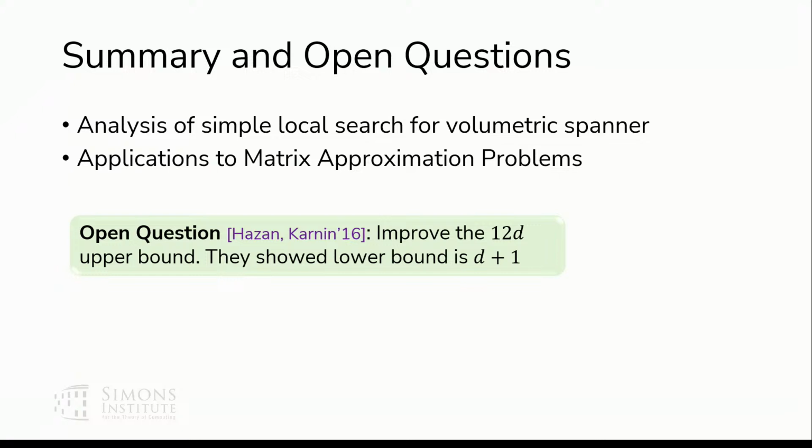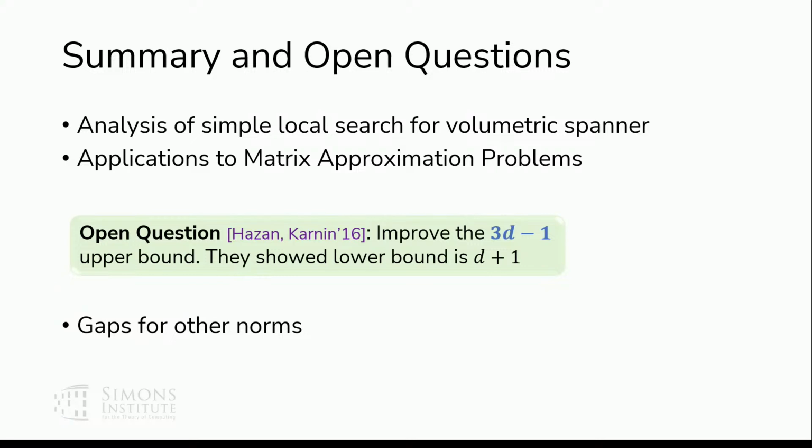And that was the open question raised by Hazan and Karnin. They showed a 12d upper bound, and they showed a lower bound of d plus 1. So we make it down to 3D and actually 2D existentially. But it's still an interesting question to see what can be done here.